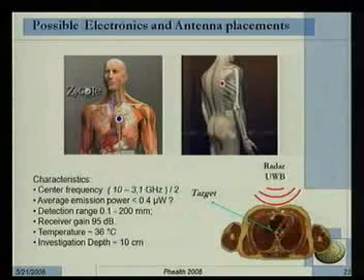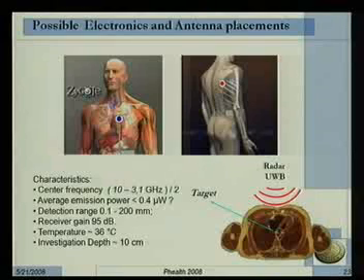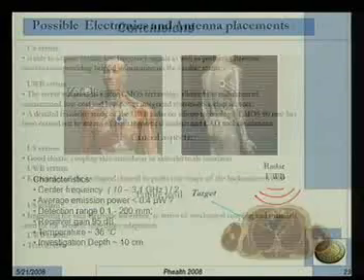Regarding electronics and antenna placement, of course, the electronics should be as small as possible in order to not affect the free movement of the subject, so that it should be very comfortable for the subject wearing it.